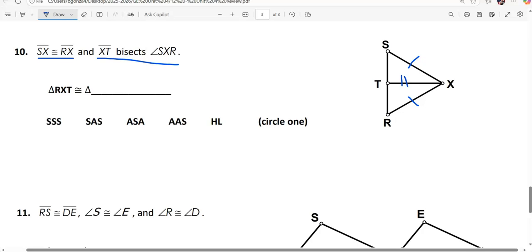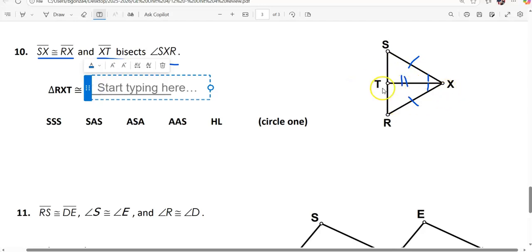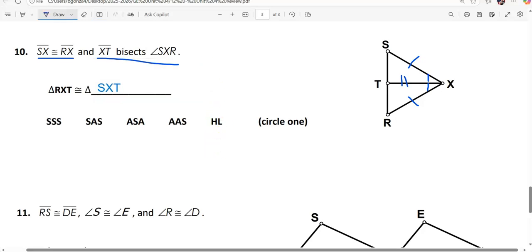So this line right here cuts in half SXR. So that means these little two pieces are going to be the same. So arc and an arc. Now, RXT, flip it over, matches SXT. And then, what is the theorem? So I have right here, tick mark, arc mark, tick mark, side, angle, side. Don't forget the side.